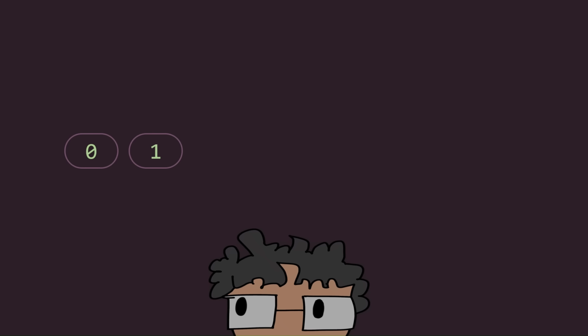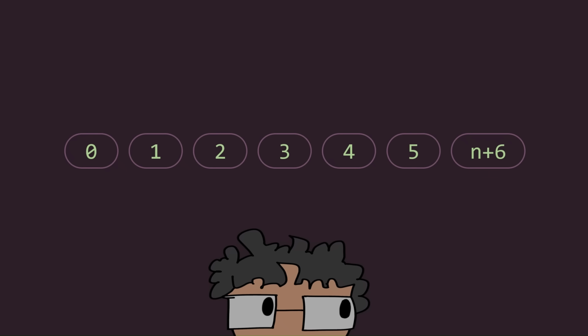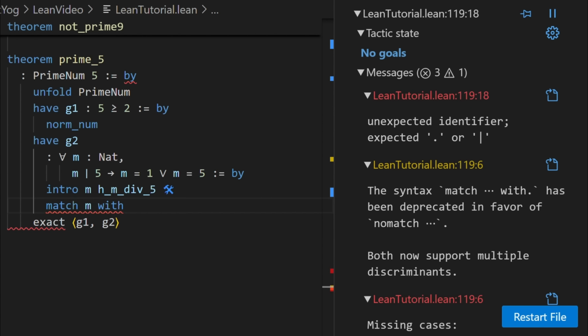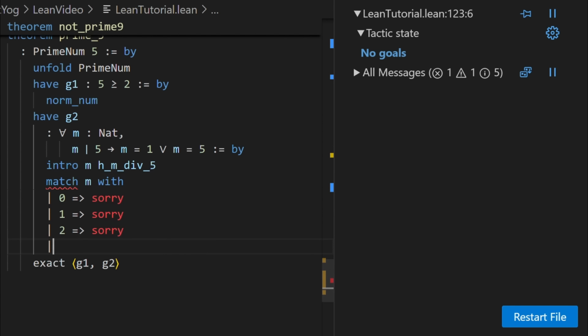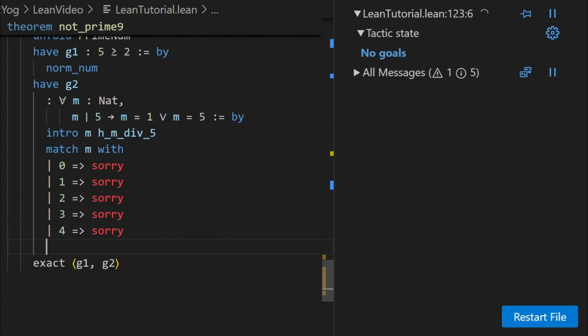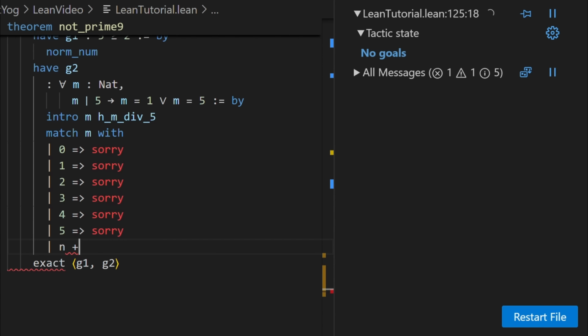We could solve this by going case-wise on m using the match tactic. Let's match m with 0, 1, 2, 3, 4, 5 and n plus 6, where n plus 6 basically means 6 and above.